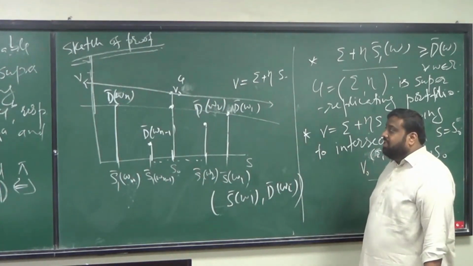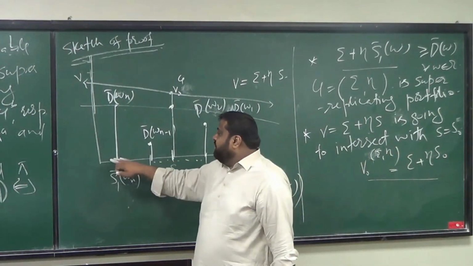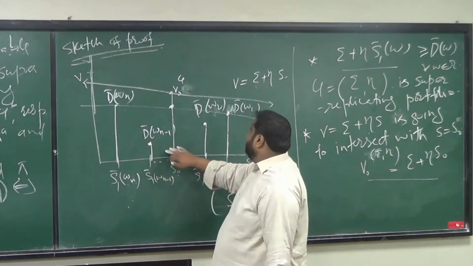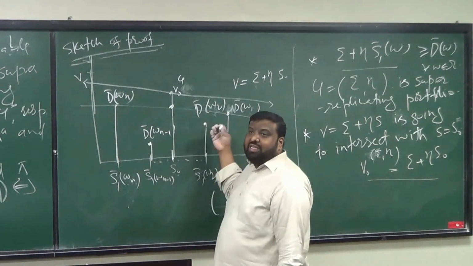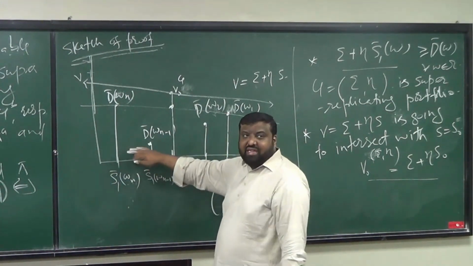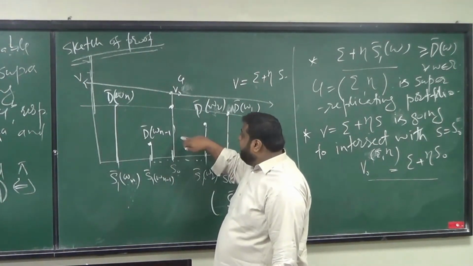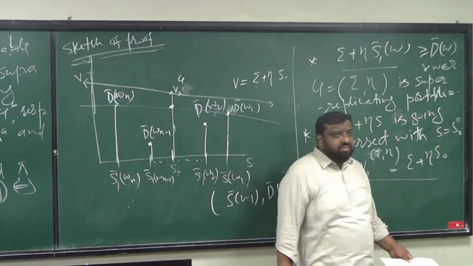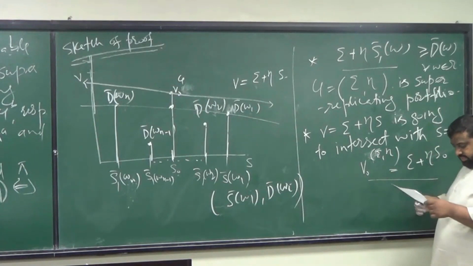Then just think about it, what is going to be the line which passes through, for example, two extreme points in such a way that that line is below all of these points, okay? And see where this line hits basically. That's what you have to do.